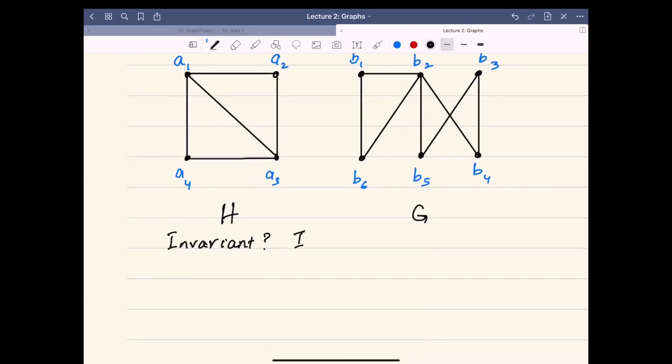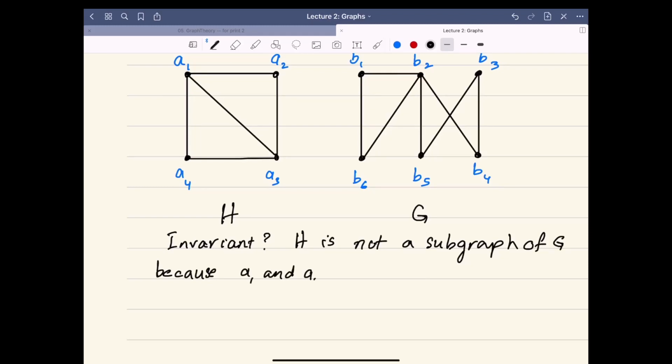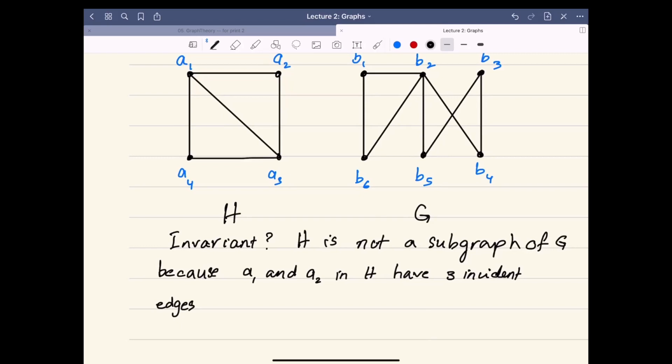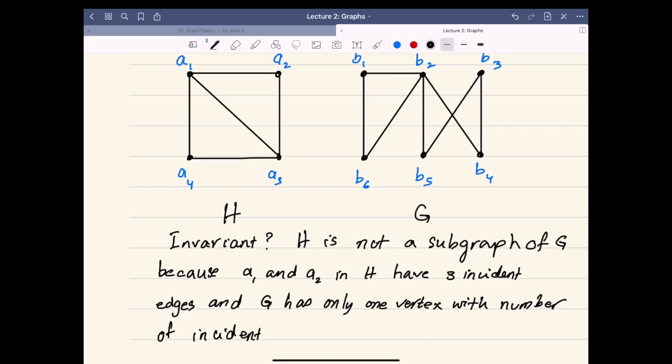So H is not a subgraph of G. Why? Because A1 and A3 in H have 3 incident edges, and G has only 1 vertex with number of incident edges 3 and above.